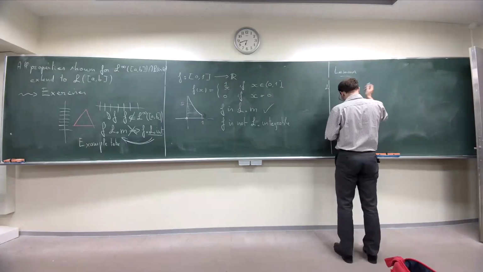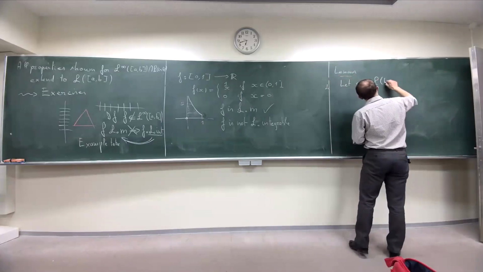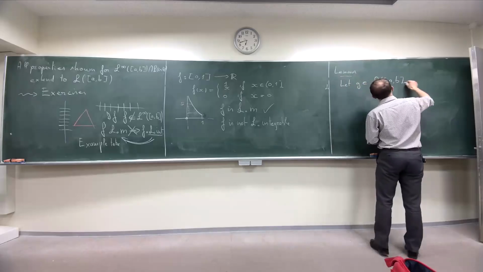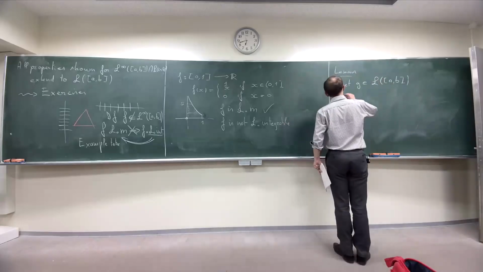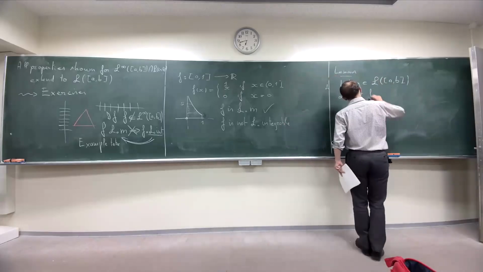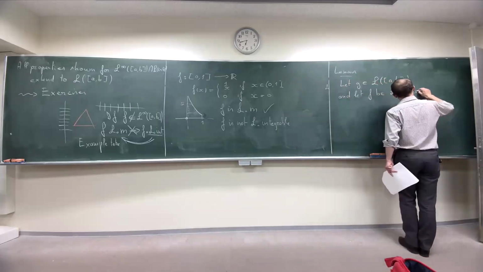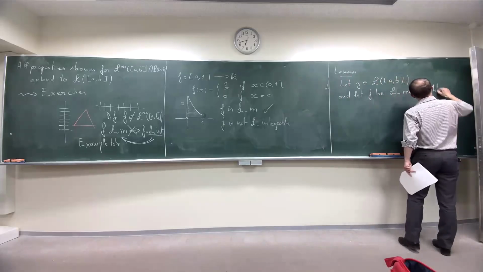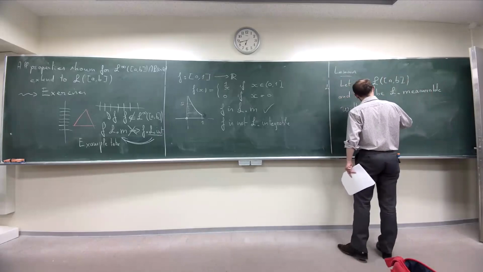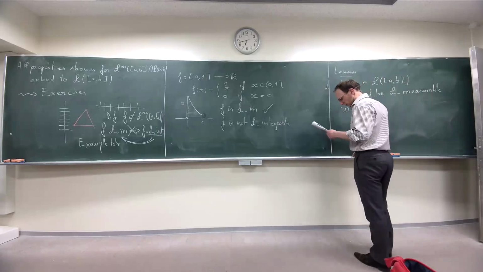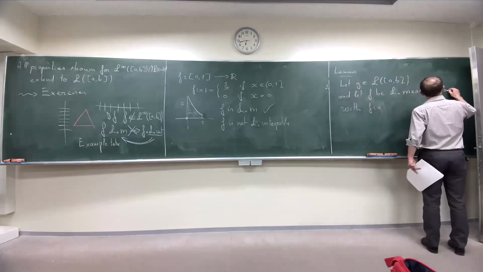It's quite natural. Let G be Lebesgue integrable. I'm not assuming anymore that it is bounded. And let F be Lebesgue measurable on AB, also on AB.